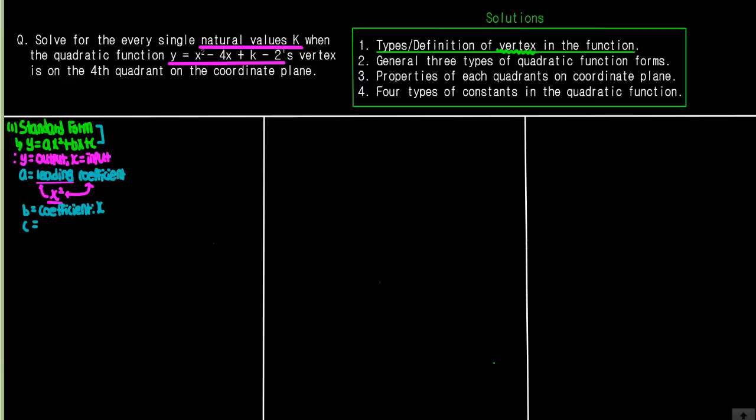C is our y-intercept. If we convert that into a specific coordinate of the function, it is when the input of our function is equal to 0, the output is y. This is what the y-intercept is.